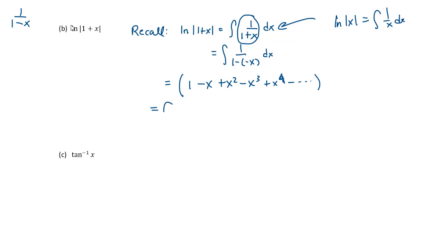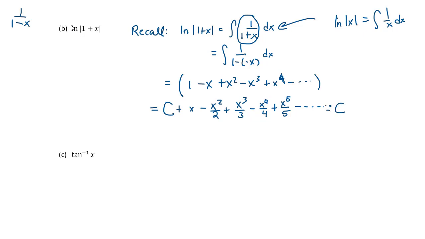So I have a c for constant of integration plus the integral of each one of these: x minus x squared over 2 plus x cubed over 3 minus x to the fourth over 4 plus x to the fifth over 5 minus, and so on.